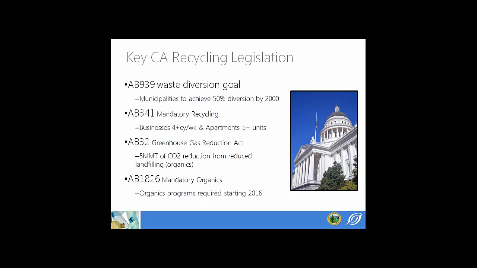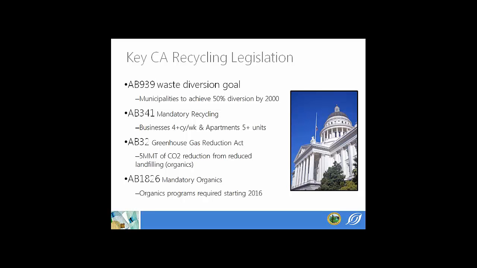So AB 341, what we refer to as our mandatory recycling law, basically requires that all businesses that throw away more than 4 cubic yards a week of waste and all apartments with 5 or more units must have a recycling program in place. That passed back in 2011, and it was to be launched in 2012. I think a lot of people have started to see many of the programs going into place and more businesses starting to participate in recycling and more multi-family recycling programs, and the community focusing on that.